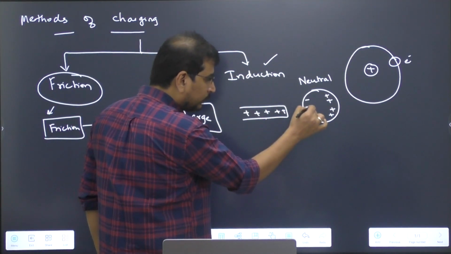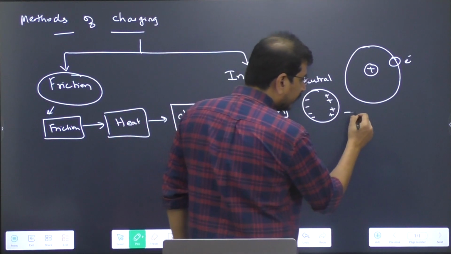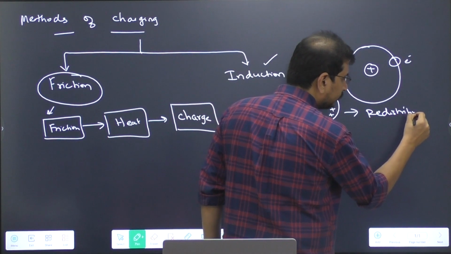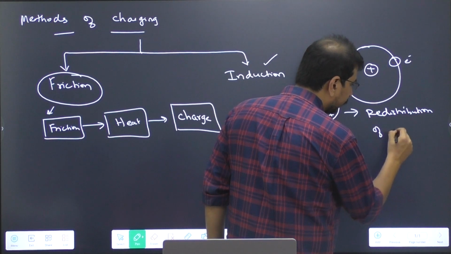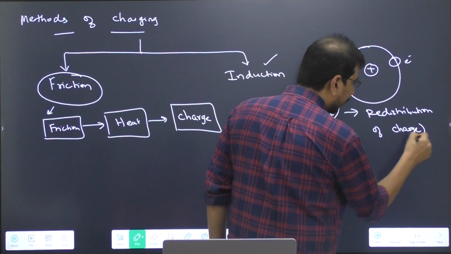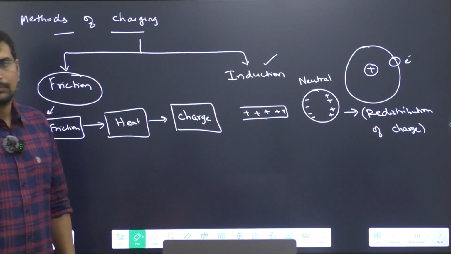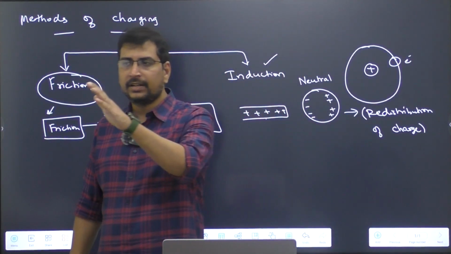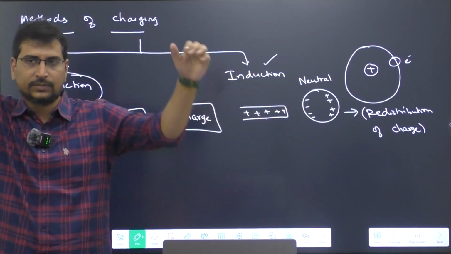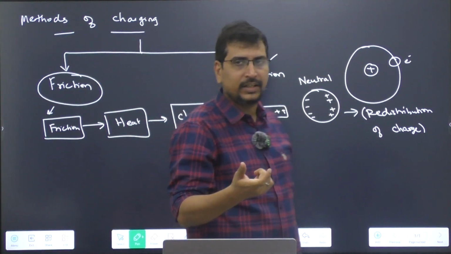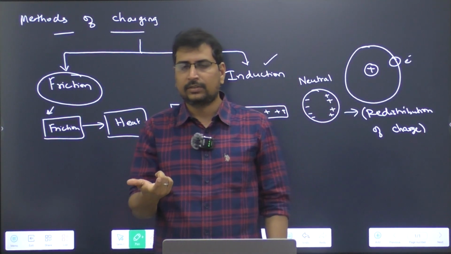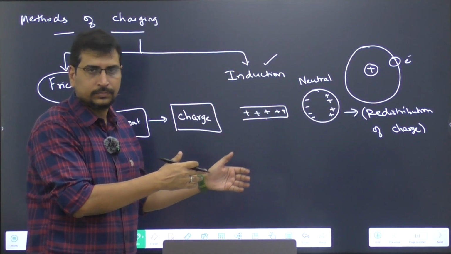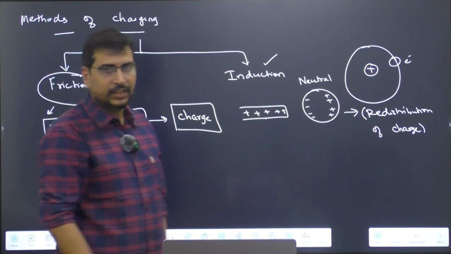So through this, you did not create a charge, rather a redistribution of it. You brought the complete negative charge to one side and the complete positive charge to the other side. If I have to give you a similarity, think of a battery. It has a positive and a negative end. So it's something similar. The charge has got redistributed.